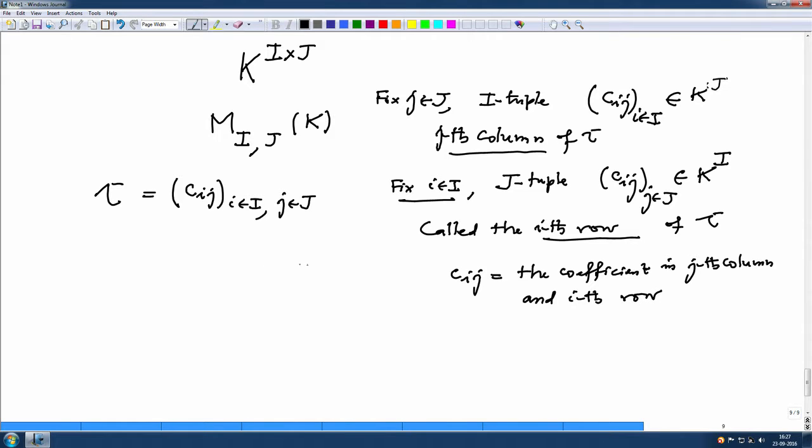Pictorially, it is usually written with I varying along the jth column. Let us take the simple case where I is a standard indexing set, 1 to m, and j is 1 to n.